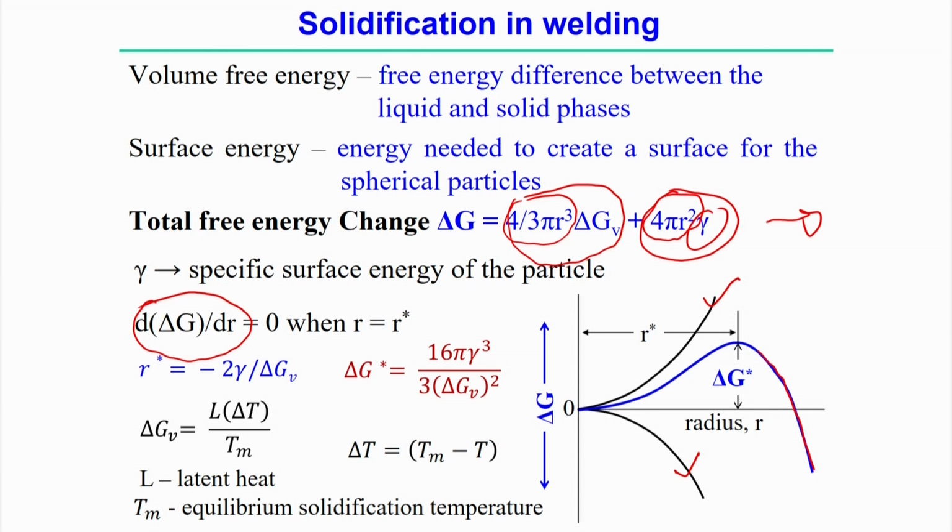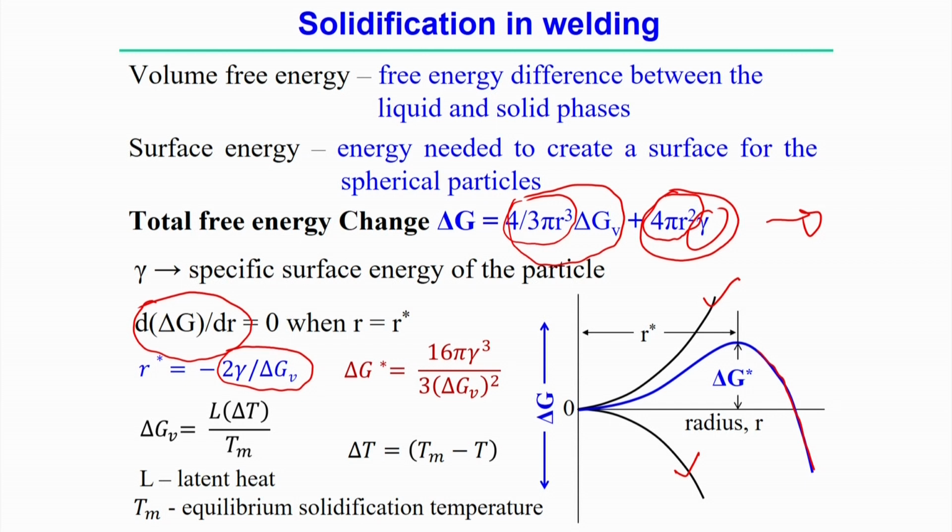In this case, the critical size can be represented in terms of the specific surface energy and the volume free energy. So, R star equals minus twice gamma by delta G V. It is a ratio of the surface energy to the volume free energy. So, these two types of energy decide the critical size of the nucleus, so that the nucleus can grow further.